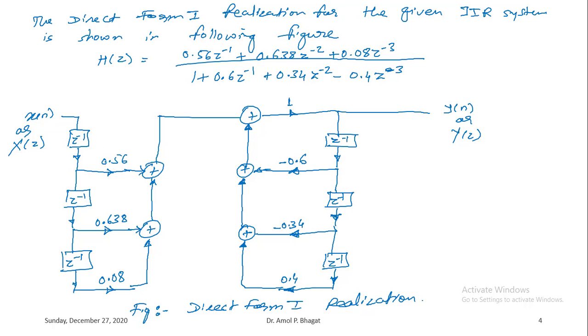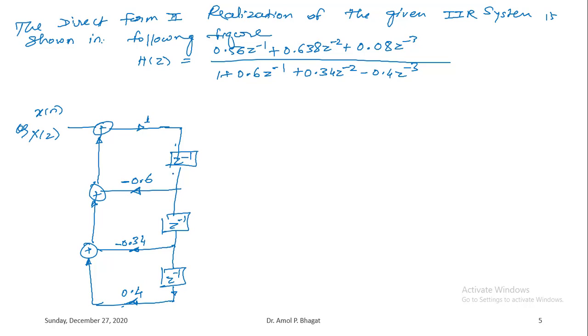So the remaining structure that you have to draw is for the numerator part or the input part. Here we have 0.56, and again it will be added here, and the output you can indicate as y of n or capital Y of z.